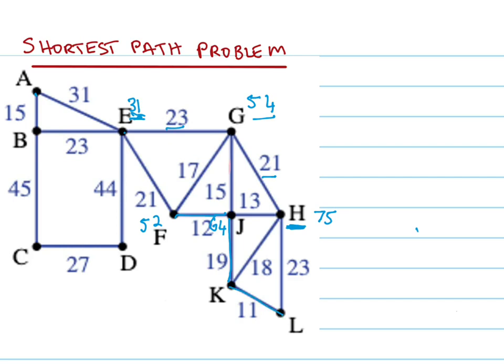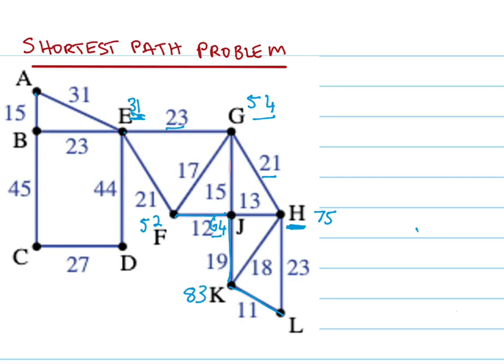Well, to get to K, there's two ways. 64 plus 19 or 75 plus 18. 64 plus 19 is going to be a shorter distance than 75 plus 18. So 64 plus 19 is 83.